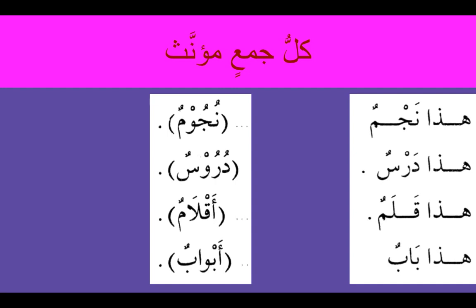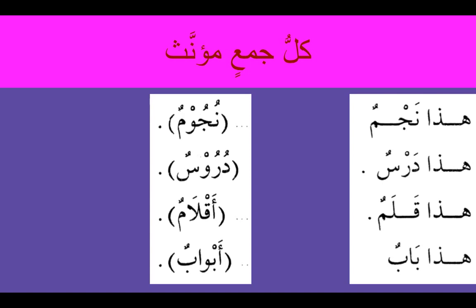So what demonstrative pronoun do we have for a plural of a ghayr aqil? Do we have haulai? No, we don't use haulai or ulaika for non-human beings. We use these pronouns only to point to aqil.